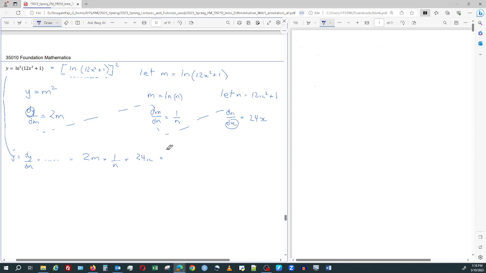So 24 times 2 is 48, and I'll bring that x over. m is the ln of n, so we've got to put ln of 12x squared plus 1 back in there. So that does that term. And then finally we have 1 over n, so it's 1 over 12x squared plus 1, and we can put that across here like this.